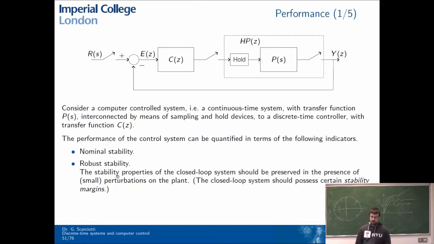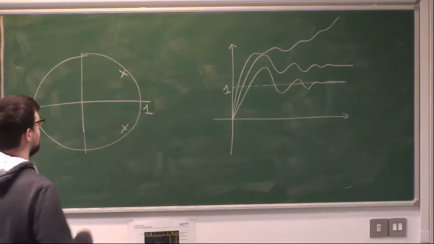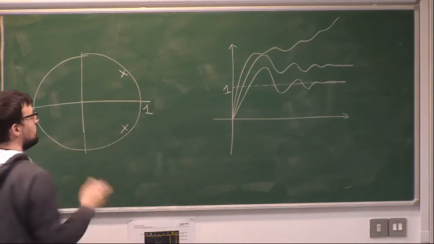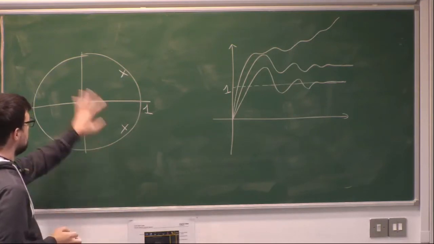Robust stability is basically the stability in which, instead of being happy with having poles inside the circle, we want a certain stability margin. So let's look at this example, okay? In this example, we have two poles that happen to be quite close to the unit circle.